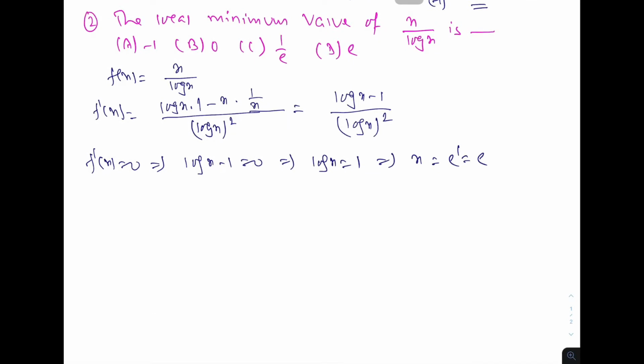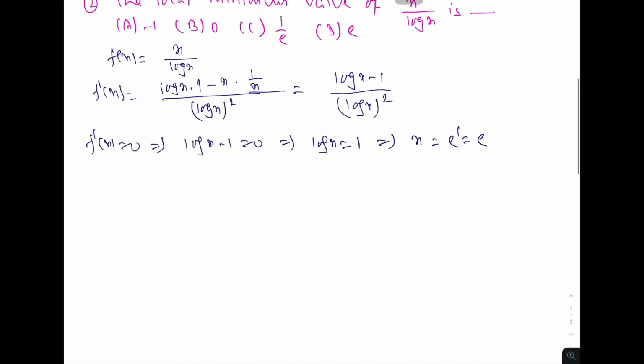Now we don't take the second derivative, but we try for the first derivative test. Okay, so let us take the value near to e. So when x is less than e, that means log x less than log e.